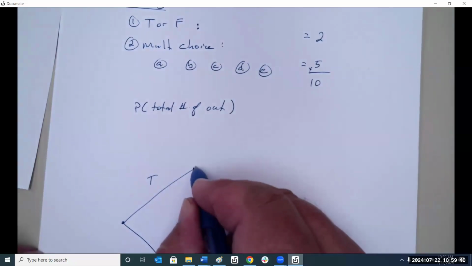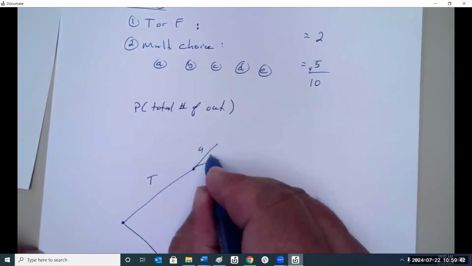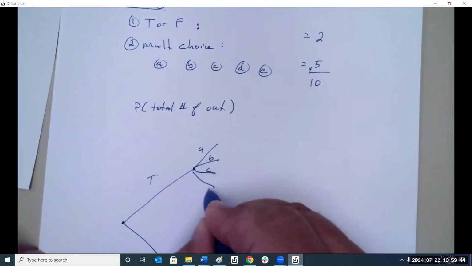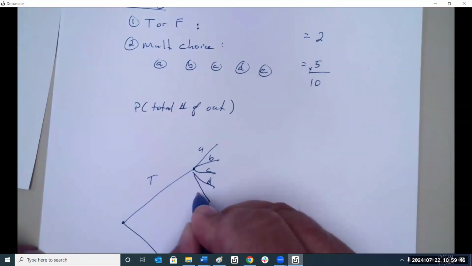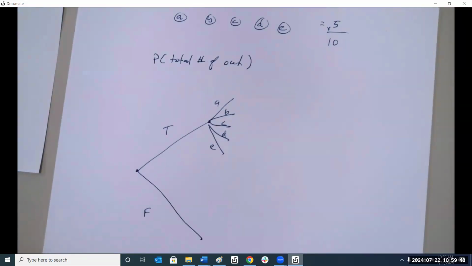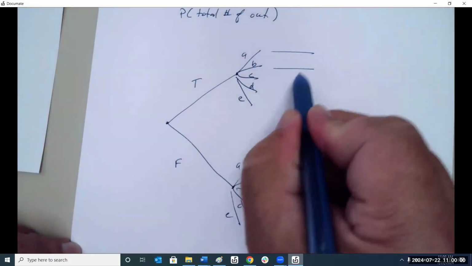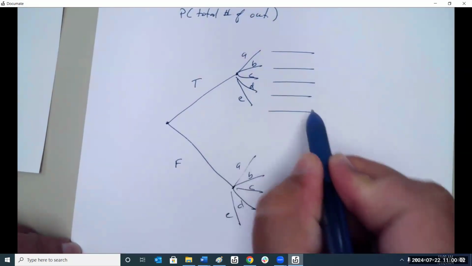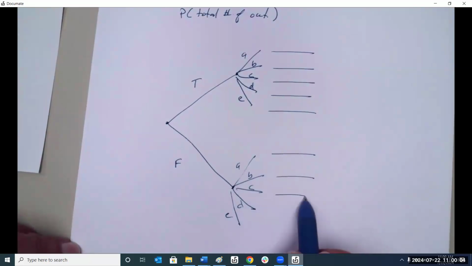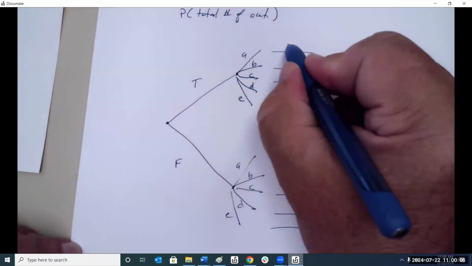So from here, we can pick A, B, C, D, or E. And if they pick false, then the second one, they can pick A, B, C, D, E. So these are all of our possible outcomes.